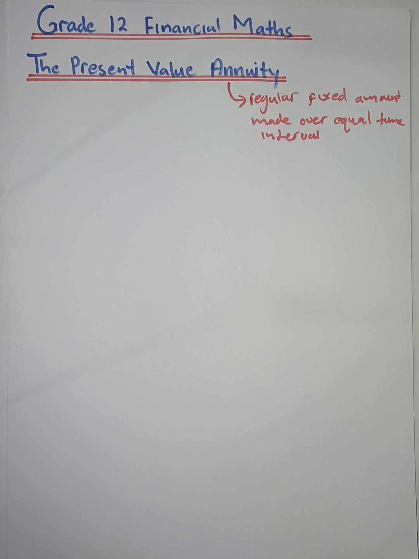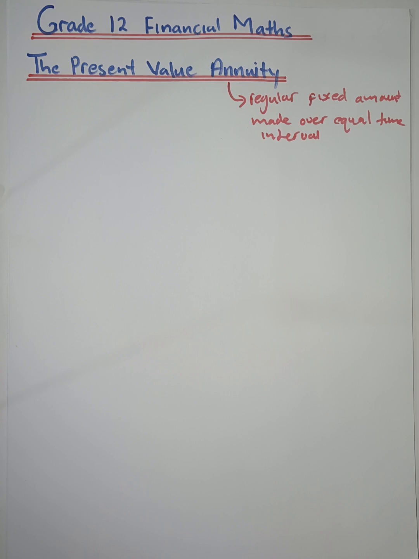It could be a loan that you were granted, and then you pay equal amounts, let's say every month or every year, in order to decrease the amount of money that you borrowed. Or it could even be a pension payout.